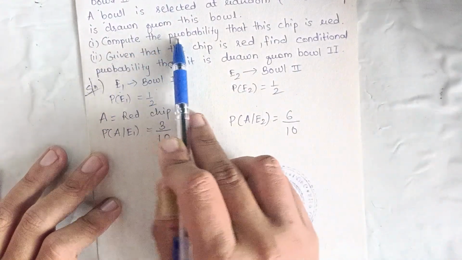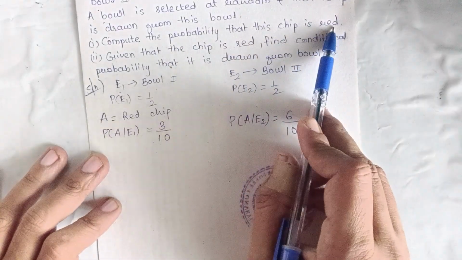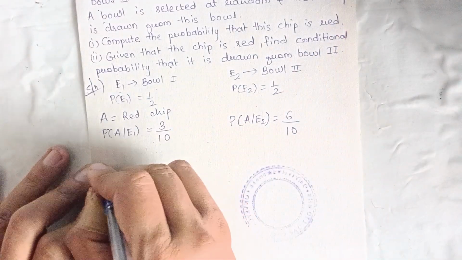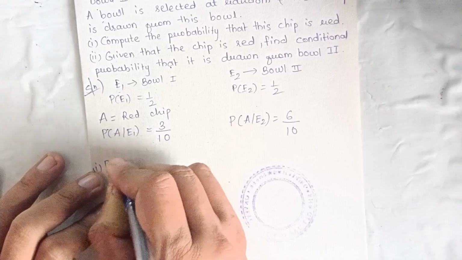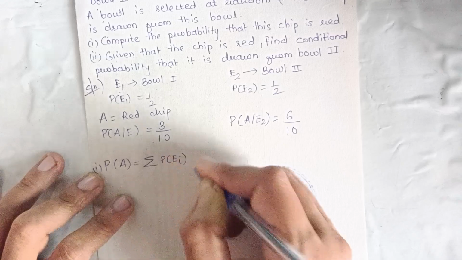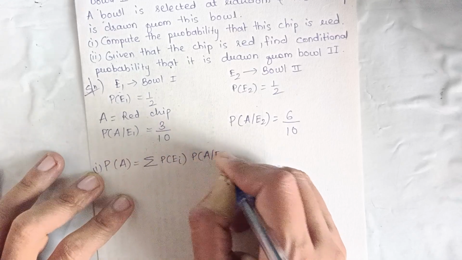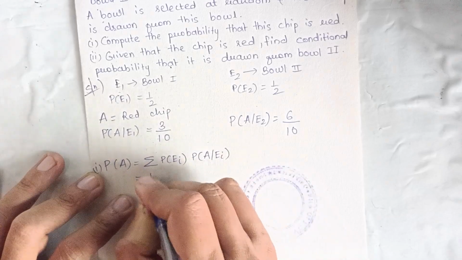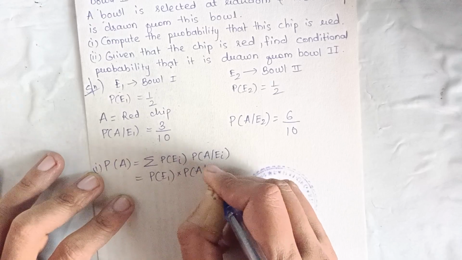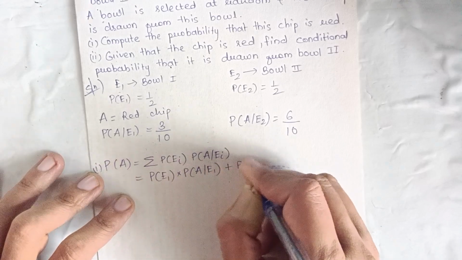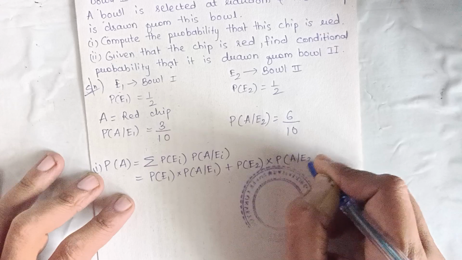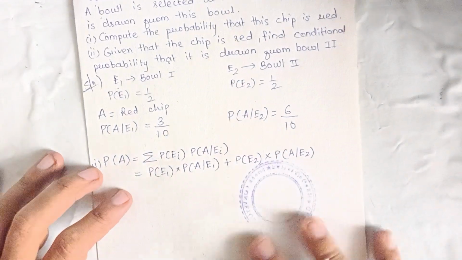Now they have asked to compute the probability that the chip is red. So P of that red chip A will be the summation of P of Ei times P of A given Ei. Only two events are there, so this will be P of E1 into P of A given E1 plus P of E2 into P of A given E2.